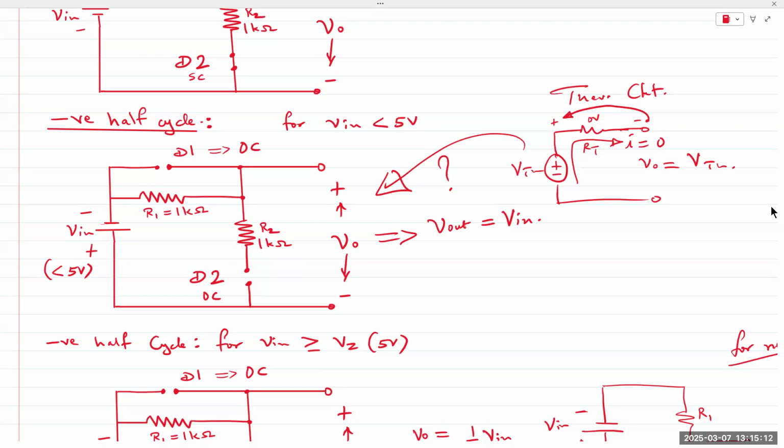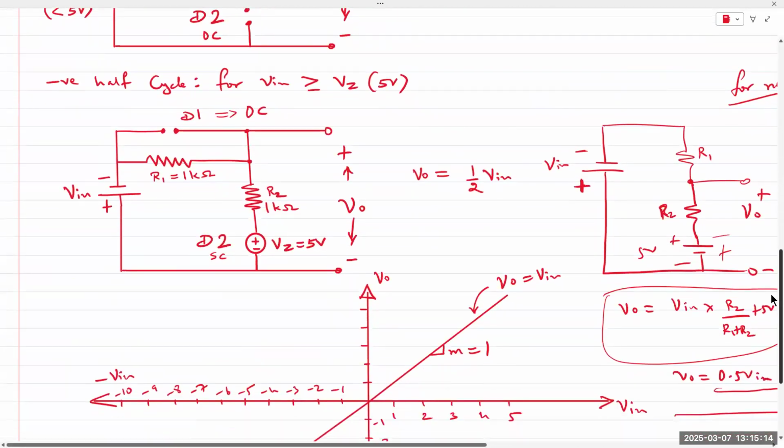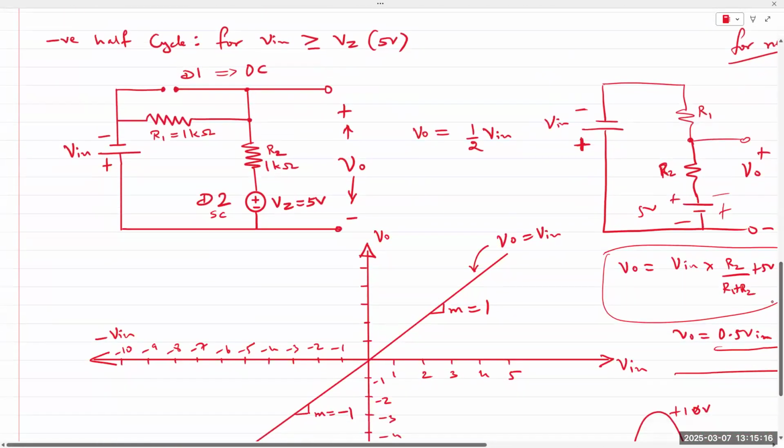But now, when V in increases higher than the Zener voltage, the Zener diode turns on. The Zener diode turns on, it behaves as a voltage source of plus 5 volts. It holds the voltage constant at 5 volts.